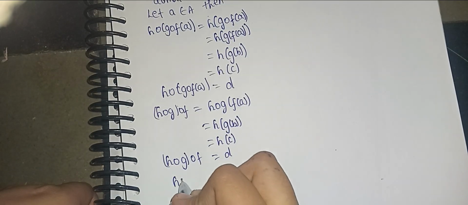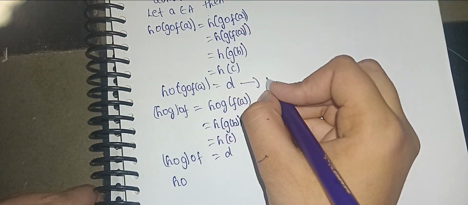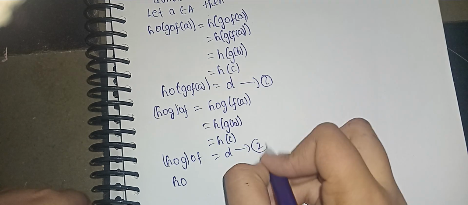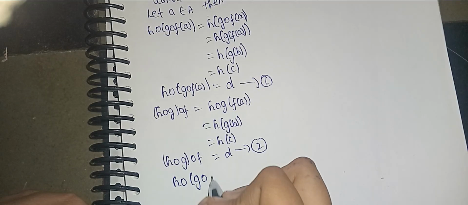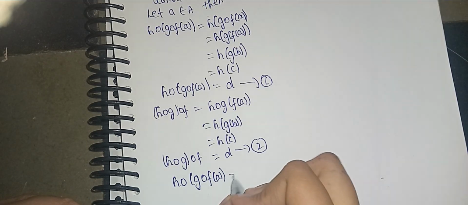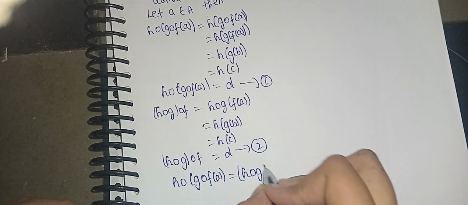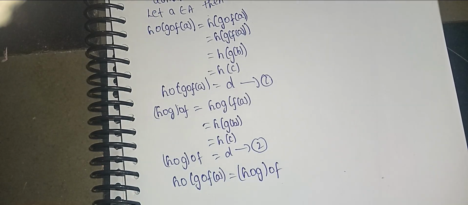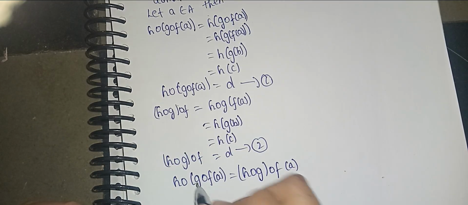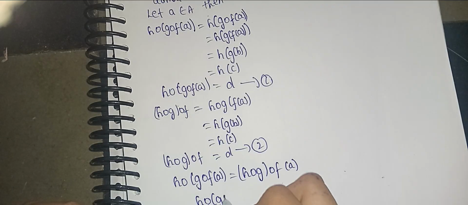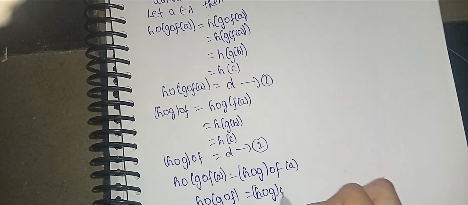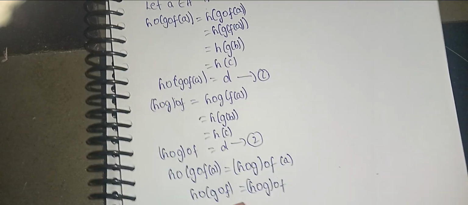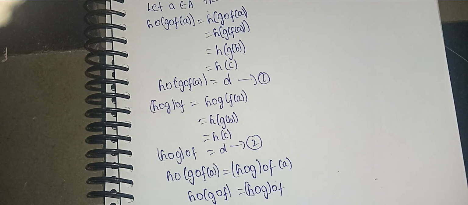So we can write from equation 1 and 2, H circle whole G circle f of A is equal to H circle G whole circle f of A. We can remove A and we can write H circle G circle f is equal to H circle G whole circle f. That's it. Now theorems are finally completed.